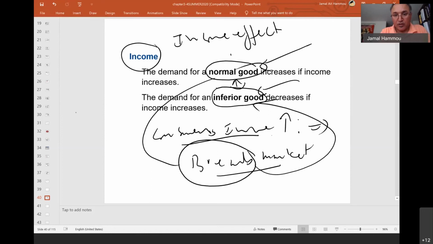If it's a normal good, the income goes up, the demand for bread will go up. But if it's an inferior good, the income goes up, the demand goes down. You will have enough information to decide first whether it is a normal or inferior good. Normally the answers have to be in graphs. You have to show, for example, what happened to the demand for a product if the income goes up, knowing that the good is inferior.